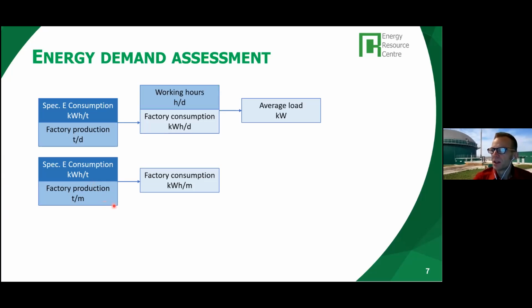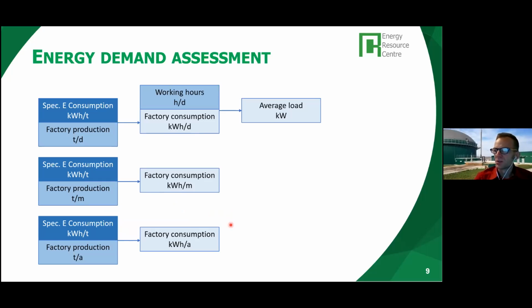In a similar way, you can derive what could be the energy consumption on a monthly basis, if you know the monthly production output of the factory. Important to realize the seasonal variation. So knowing what are peak months, what are low months, and in what months there's no production and no output.